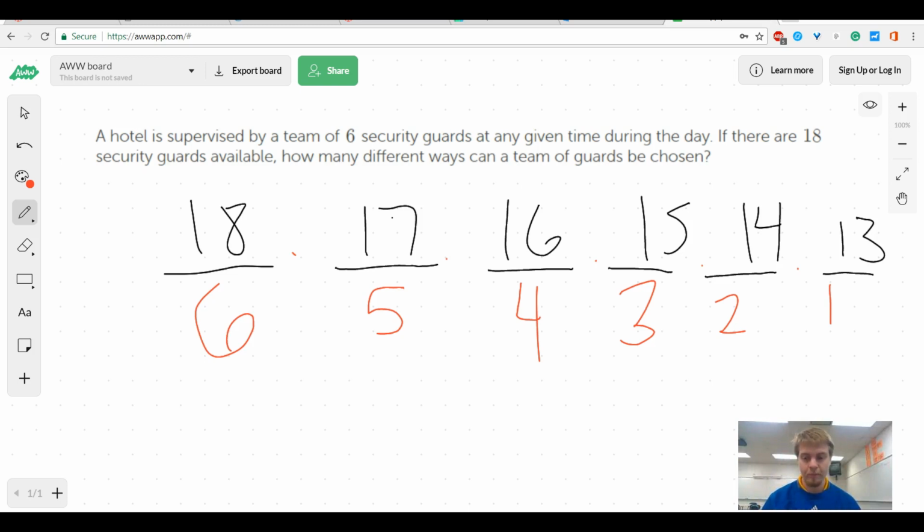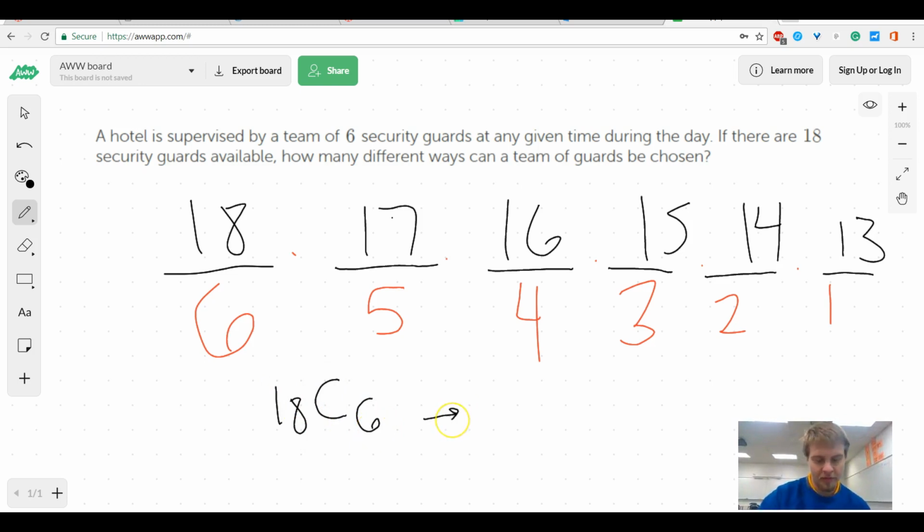And if we multiply all these together, it would be the total number of ways these things can be chosen. In probability, we have a faster way of writing this. The faster way of writing this choose example, where the order doesn't matter, would be 18 choose 6. And it does this automatically.